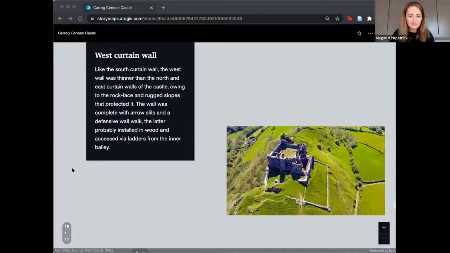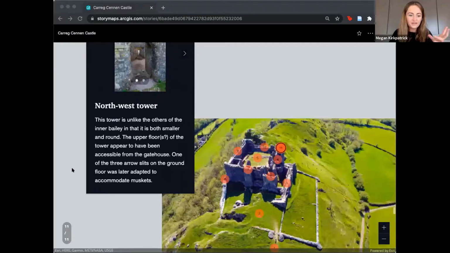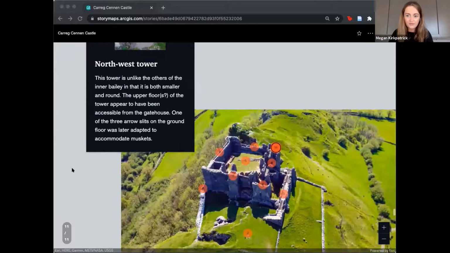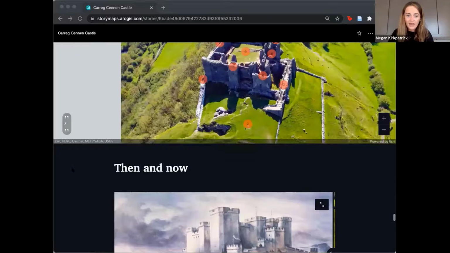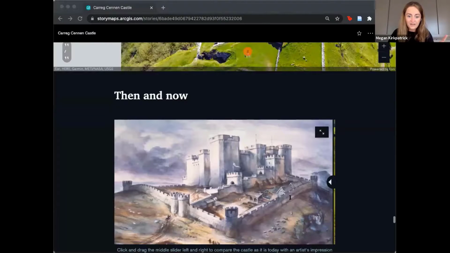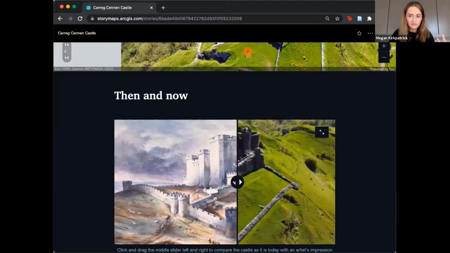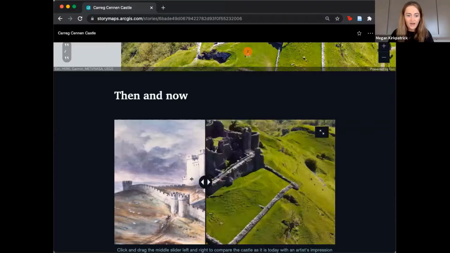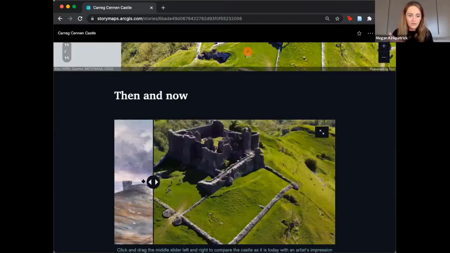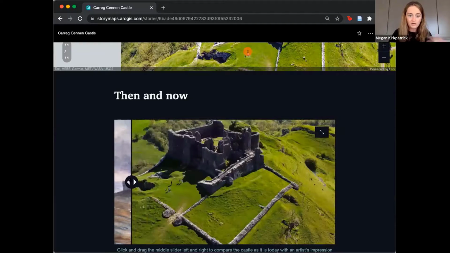So then after this map tour, I use another tool within StoryMaps, which is called a slider, and it allows you to overlay different images. So for example, here on the left, I've got an artist's impression of the castle circa 1300. And then the image that you can now see being revealed is just a recent image that I took of the castle.